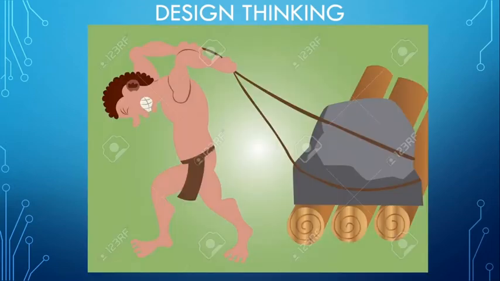And here, one more thing. This image shows that in the early caveman time, they were trying to lift a heavy object from one place to another place. They had to do a lot of work to transfer a material from one place to another. But now we don't need to worry about anything.